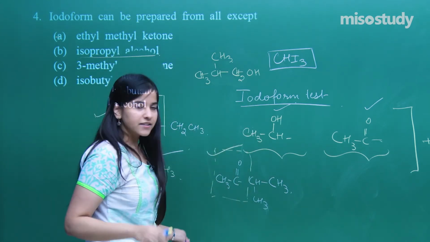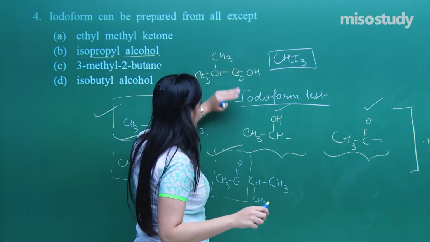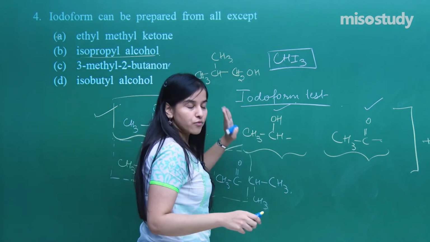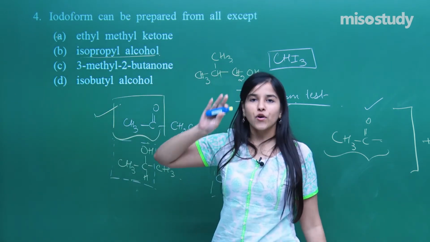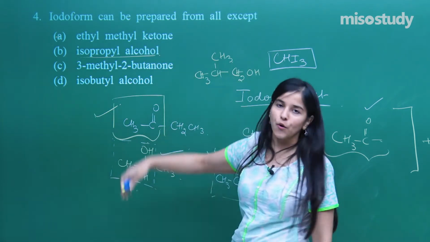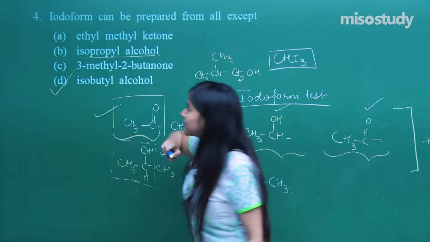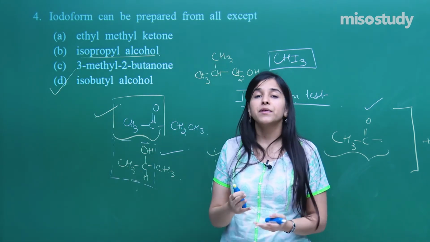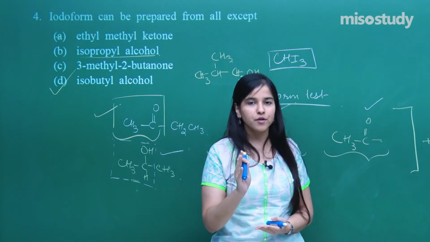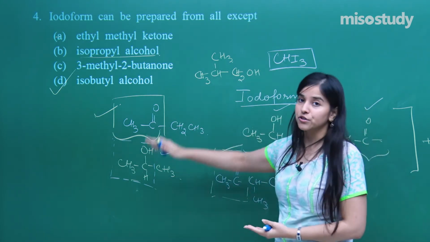I do not see any such group over here. If you correlate the two structures, it is in no way similar. So that means isobutyl alcohol will not give the iodoform test. So I hope everybody has got the answer right. It is a very, very important test. It is repeated frequently. Questions have come up in the examination from this particular topic.